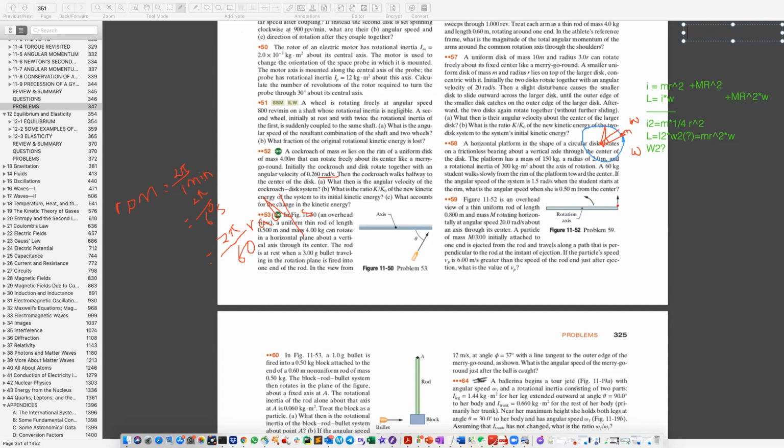If you factored out the omega naught, it would just be m1 r squared plus 1/2 m2 r squared. But on the other side, it's not exactly the same. If you factor out the omega final, you get m1 r over 2 squared plus 1/2 m2 r squared, and so you can't cancel. If you factor out the omega final on the right hand side, you can literally just divide the first side by the right hand side, you know what I mean.